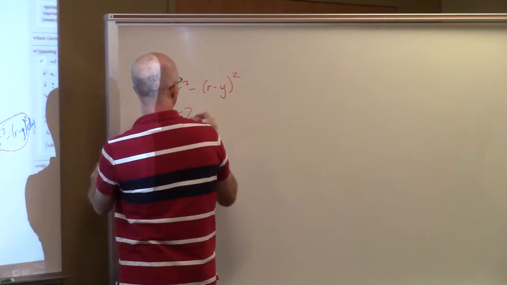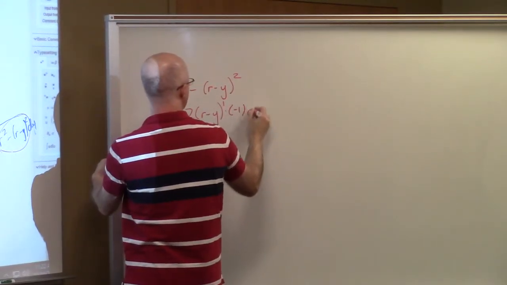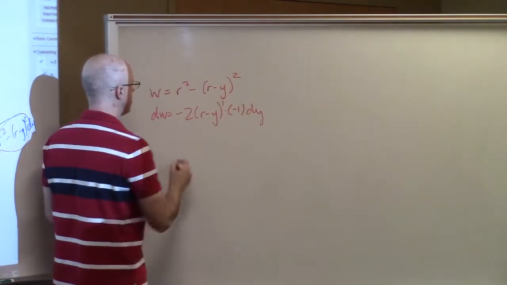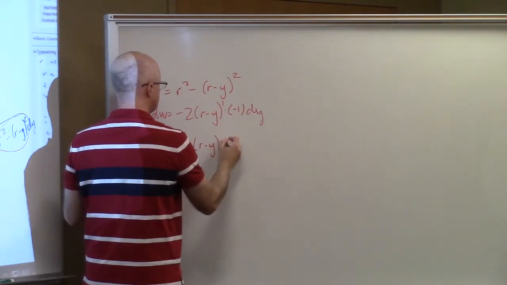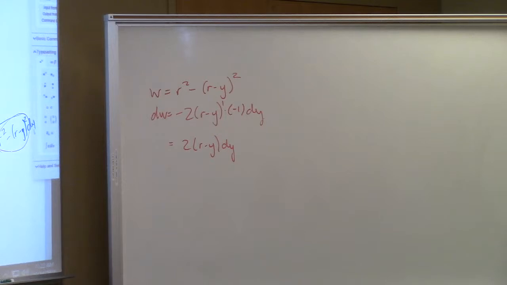dw would be negative 2r minus y to the first power times negative 1 dy, just differentiating this with respect to y. The negative signs would cancel. Would that be helpful?